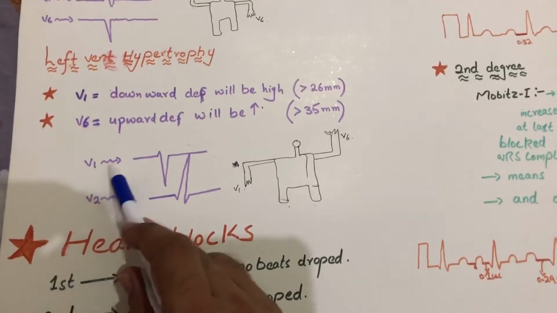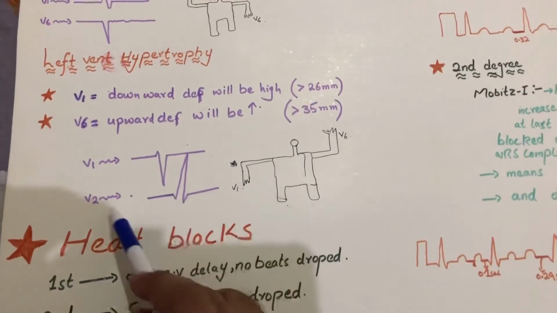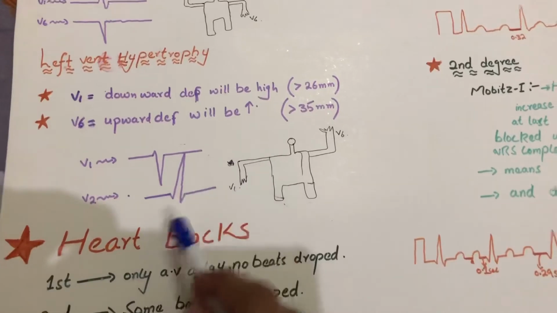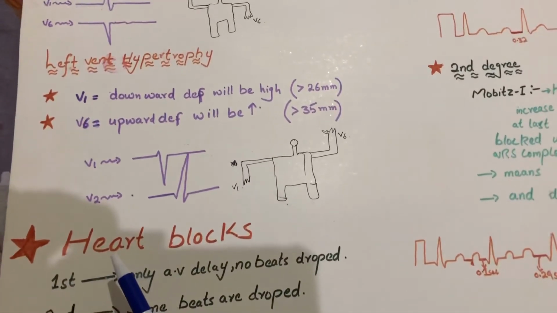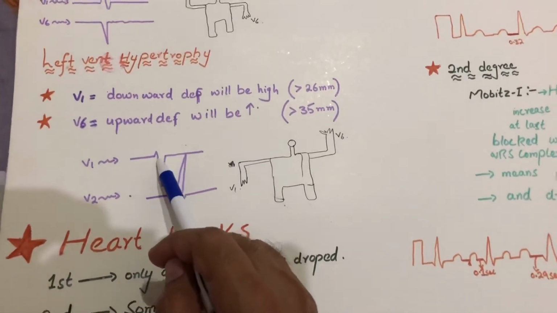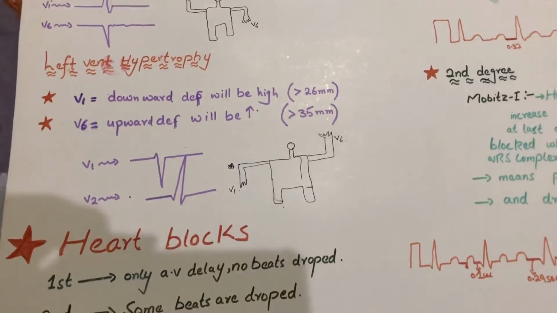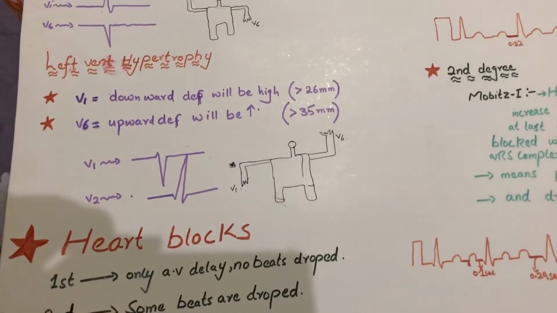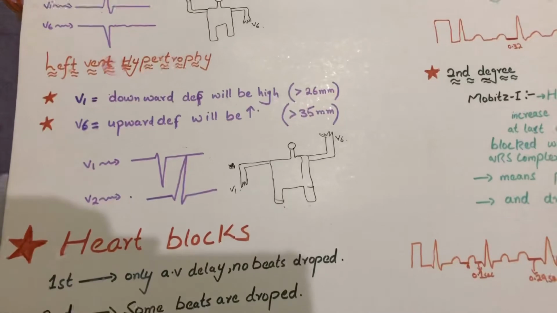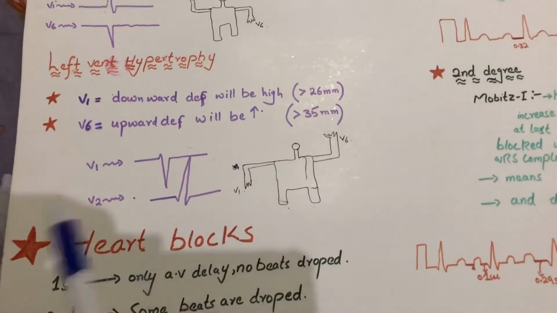See, in V1 the predominant deflection is downward, and in V2 the predominant deflection is upward. But here is another problem. The downward deflection QRS complex that is produced will be very deep as compared to the normal one.